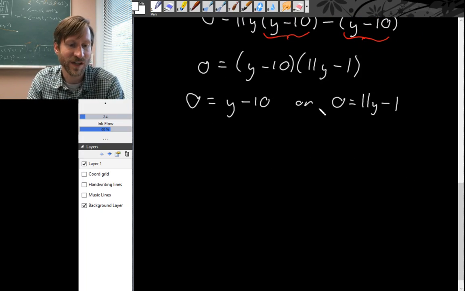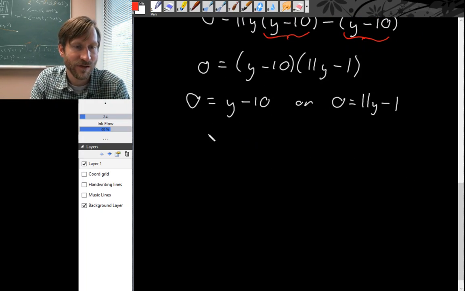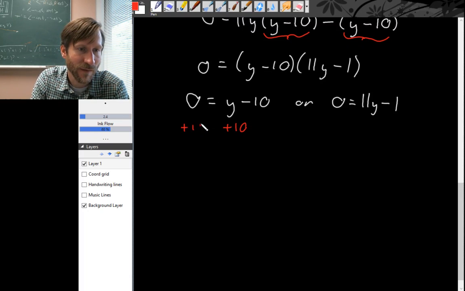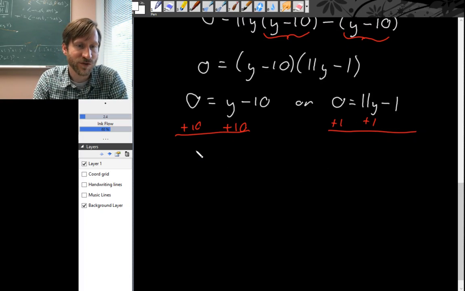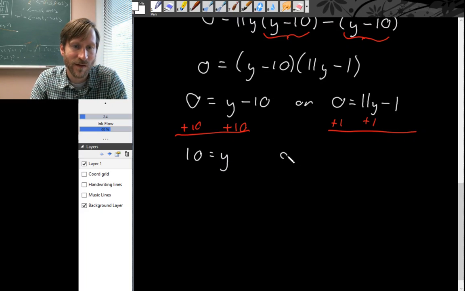Now just finish solving each of these. So on this first one, we can add 10 to both sides. On the second one, we can add 1 to both sides. So the first one becomes 10 equals y. And on the second one, we get 1 equals 11y.